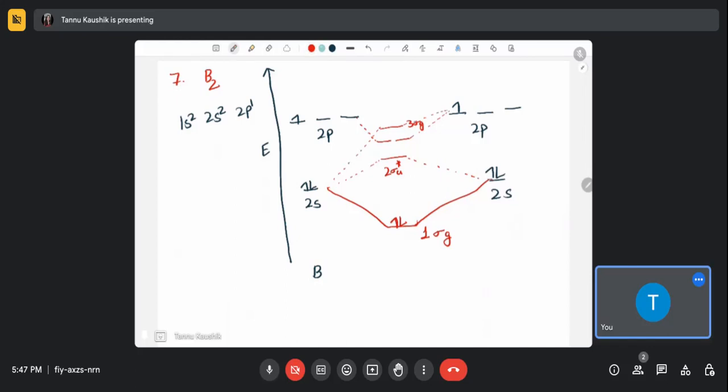So this is the crossover you can see here. So this is the sp crossover taking place here.